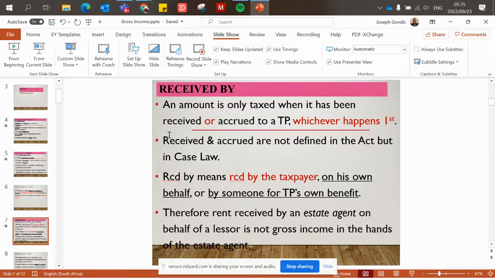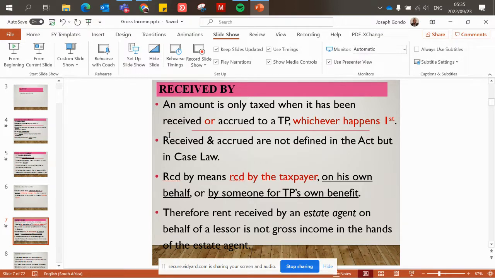And also another example, if an estate agent receives an amount, let's say it's an estate agent that is managing your property, the rent that the estate agent received from the property, they are not received per the income tax definition.